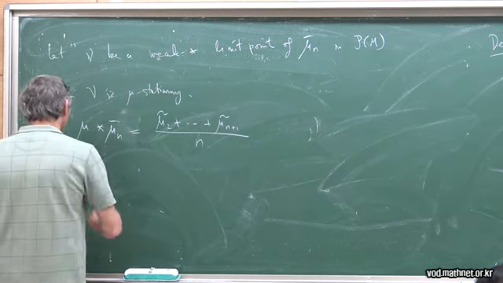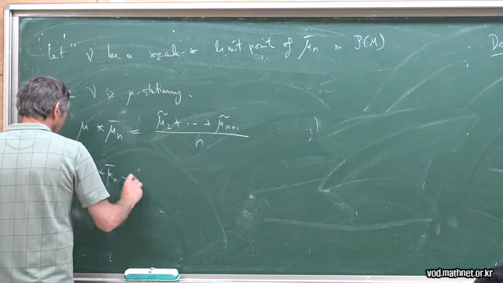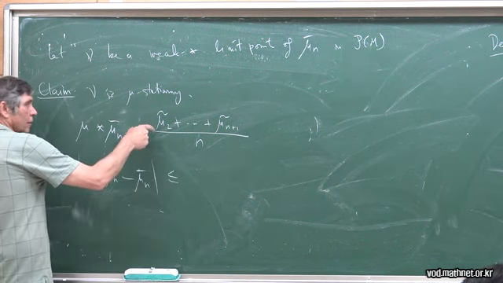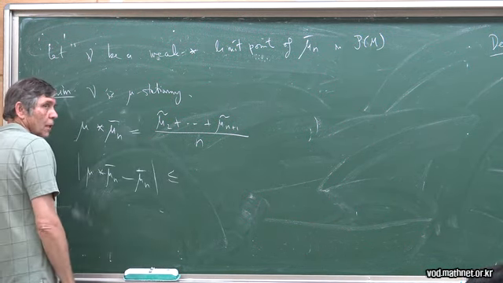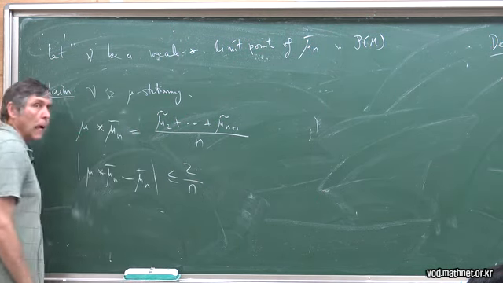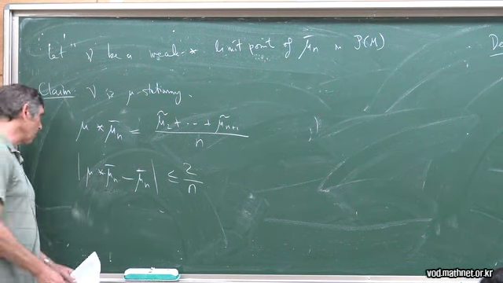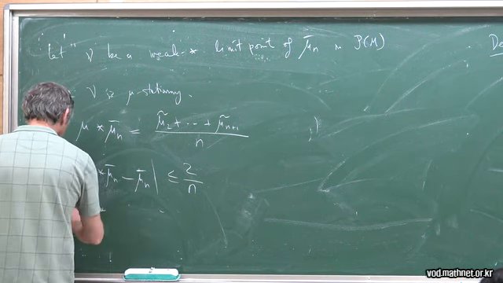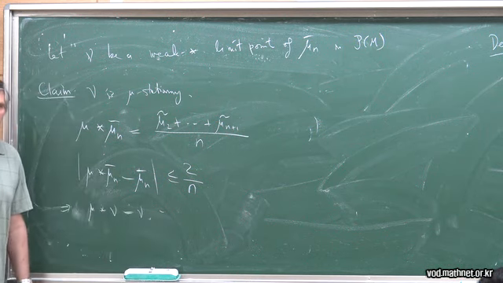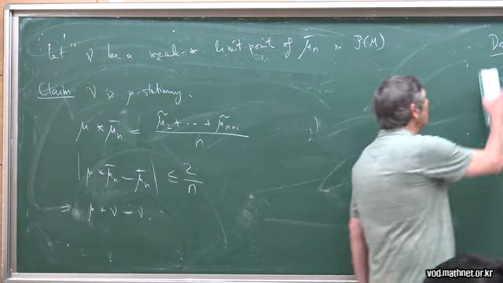So what's the difference? If I take this convolution and subtract mu n bar, everything cancels except for the mu 1 term and the mu n plus 1 term. Each has norm between 0 and 1, so the difference is less than or equal to 2 over n. That means in the limit, these will be equal. So this implies that mu is nu stationary. Okay, that's one proof.